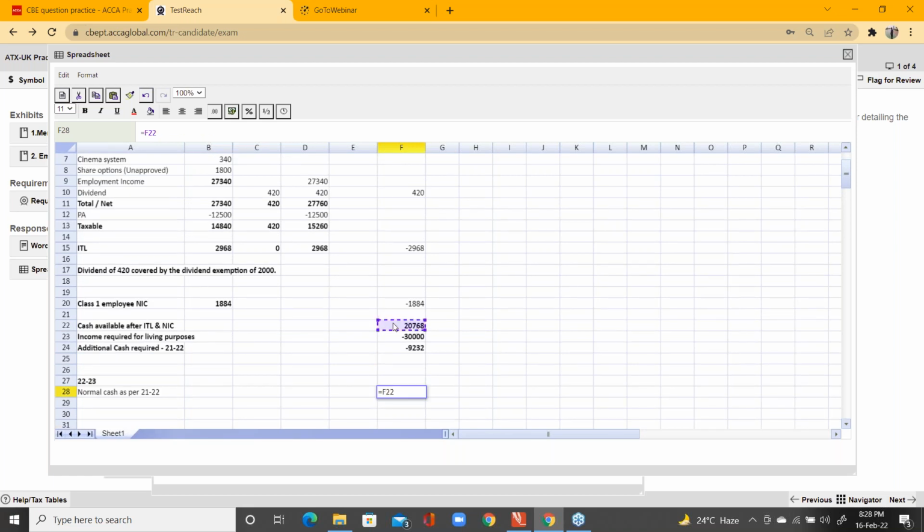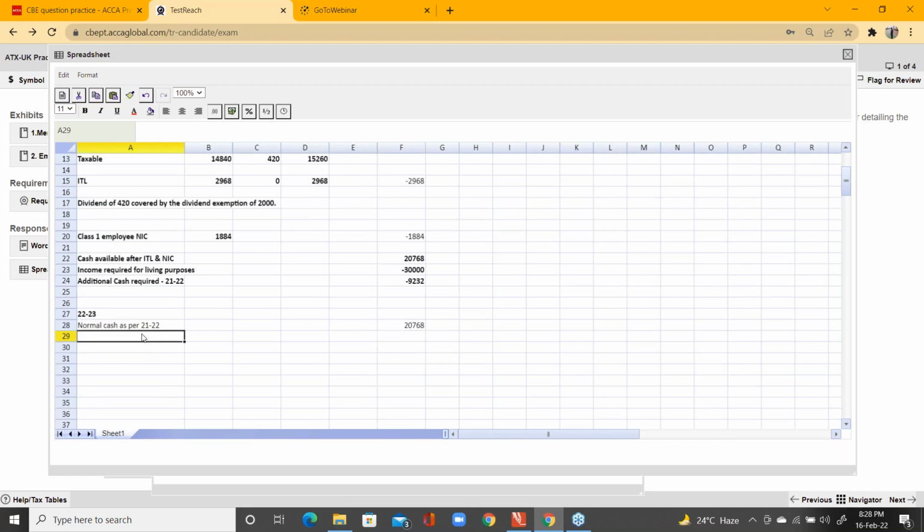That was 20768, after paying income tax liability and NICs. The same amount would be available in next year, but there would be no share option benefit of 1800 in 22-23.